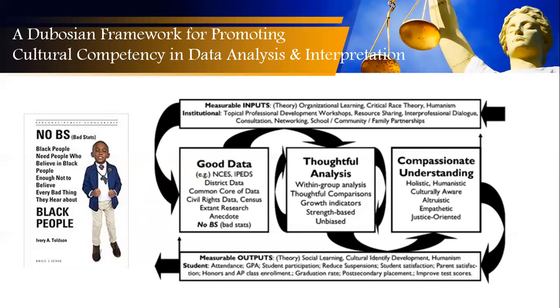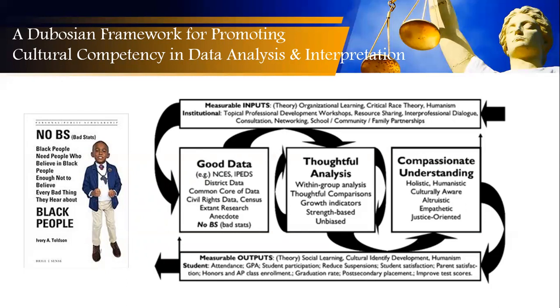Because if we're so focused on risk factors, that turns our attention in the direction of problems, but then it leaves us guessing in terms of what to do in terms of solutions. So we need more indicators of growth and more strengths-based analyses in how we approach data analysis and interpretation.